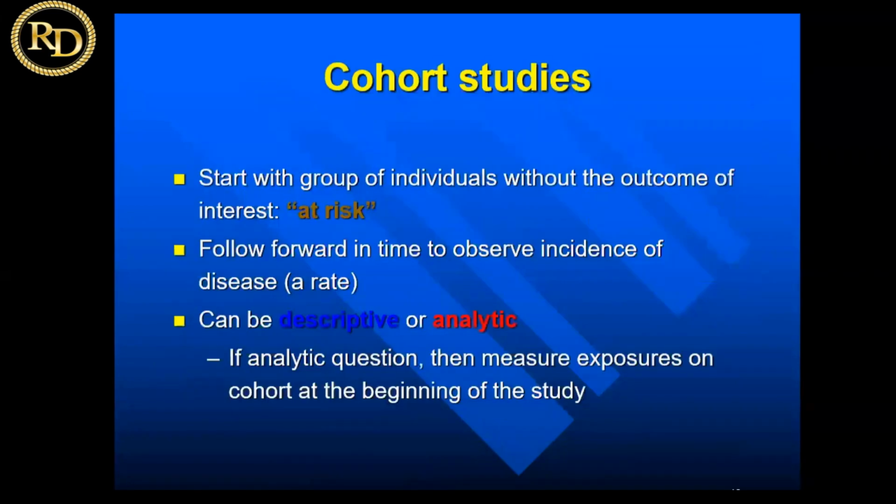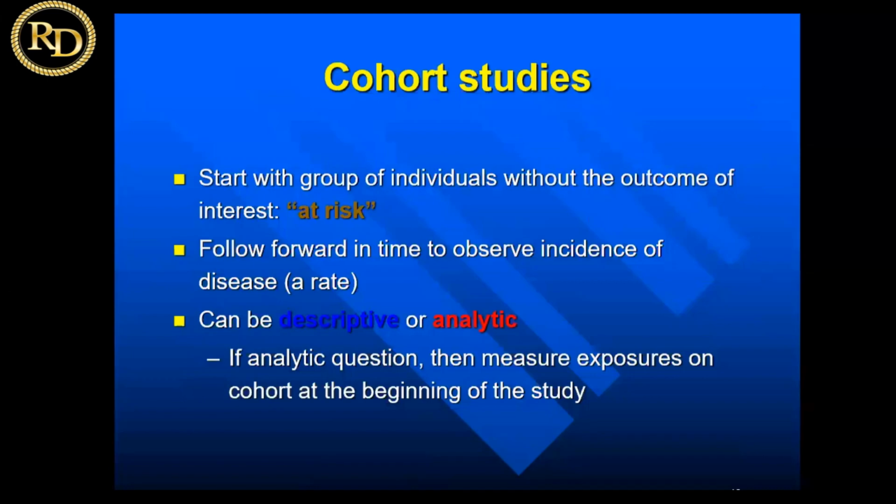So the cohort design starts with a group of individuals without the outcome of interest, exposed or at risk, followed forward in time to observe the incidence of a disease. Cohort studies can be descriptive or can be analytical. Don't confuse this with what I told you regarding descriptive study or analytical study.